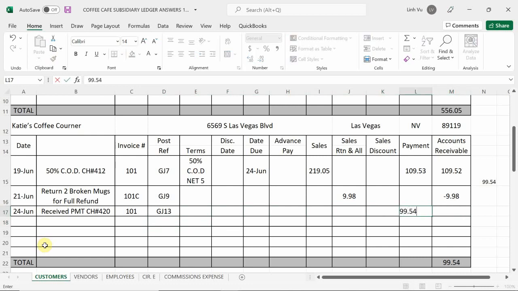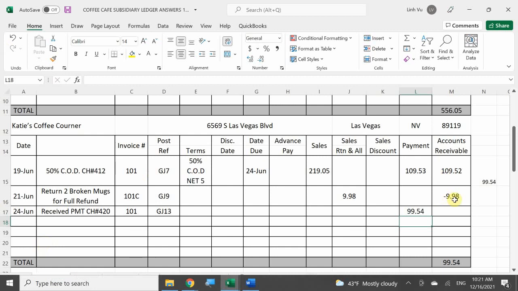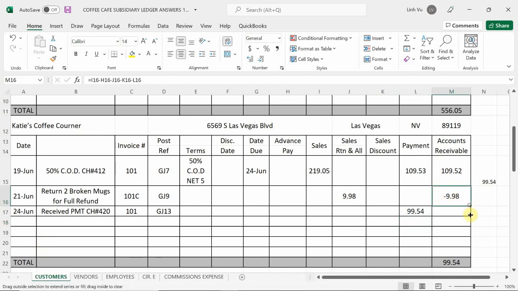And we received a payment for $99.54, which tells me Katie owes me nothing. We didn't give any discounts this time. So there you go.